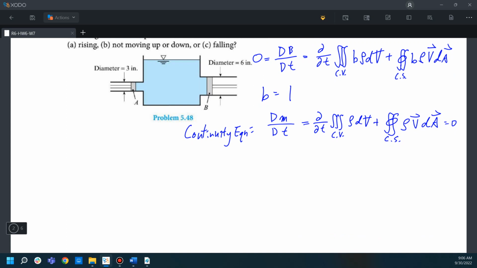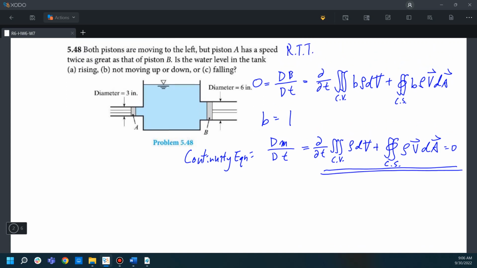Okay, so after we know this relationship, we know that the control volume term plus the control surface term will equal 0, and so we will apply it. We say that our control volume in this problem is this middle part.